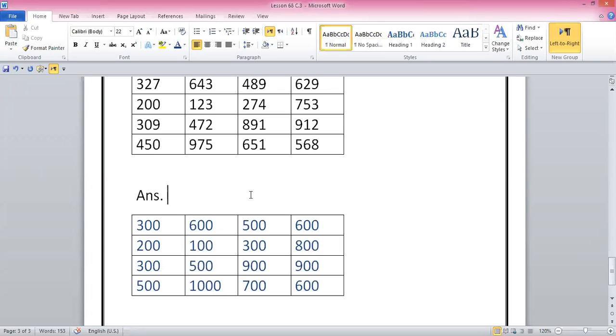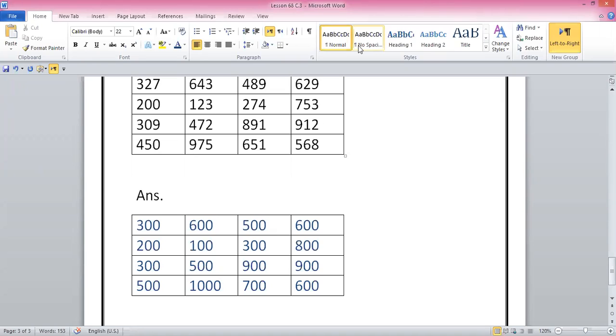Same when you round off to the nearest 1000, you have the last 3 digits 0. When you round off to the nearest 10, except the tens place, all the numbers will be 0. When you round off to the nearest 100, except the hundreds place, all numbers will be 0. When you round off to the nearest 1000, except the thousands place, all the numbers will be 0. In that way it works, right?